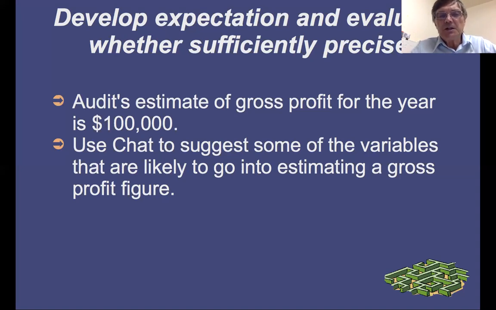You've estimated gross profit, so what's the variation in that estimate? What's the range of reasonable possibilities?